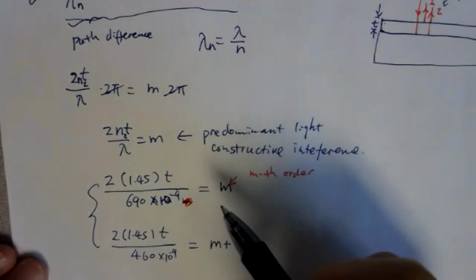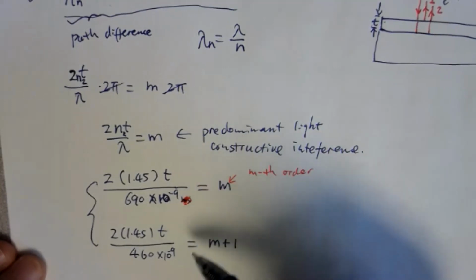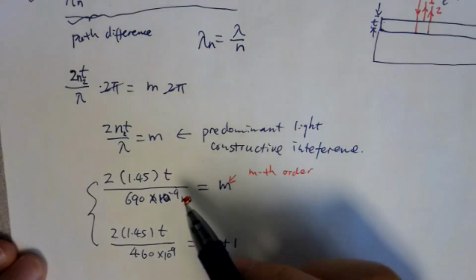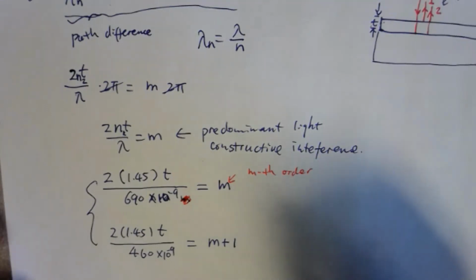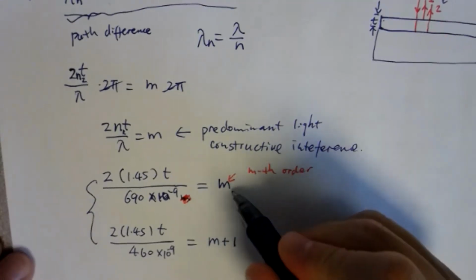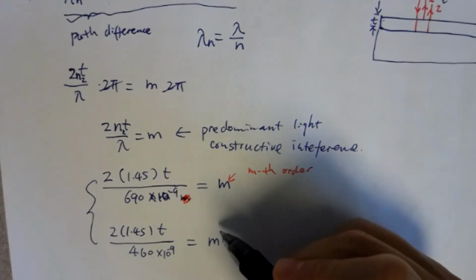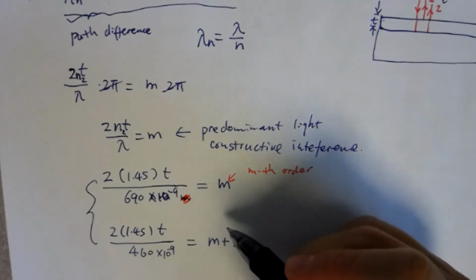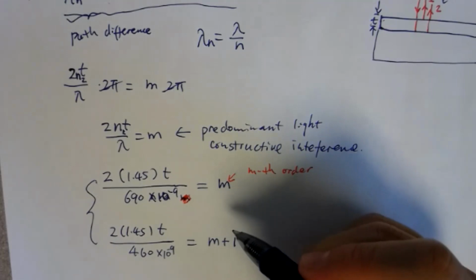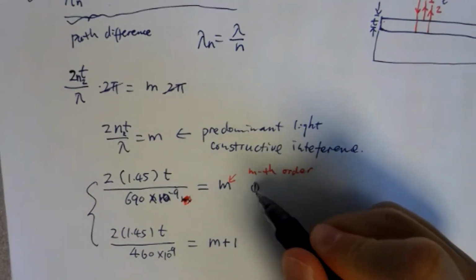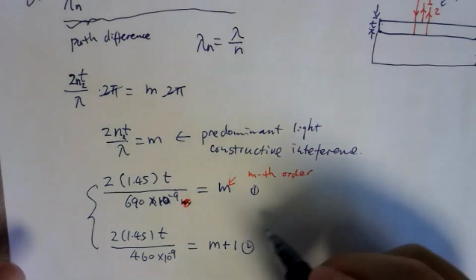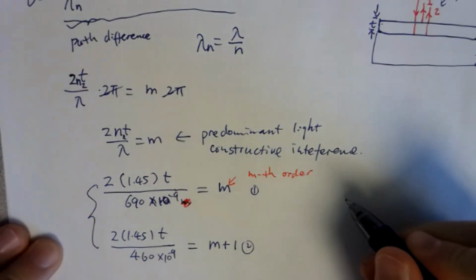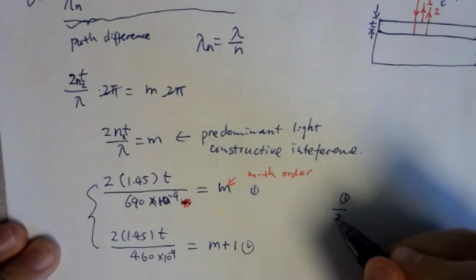In this case, you have two equations and two unknowns, m and t, so you can solve for m and t at the same time using substitution. You guys should be able to do this. I'm calling this equation 1 and this equation 2. There are different ways of doing this, but I like doing equation 1 over equation 2.